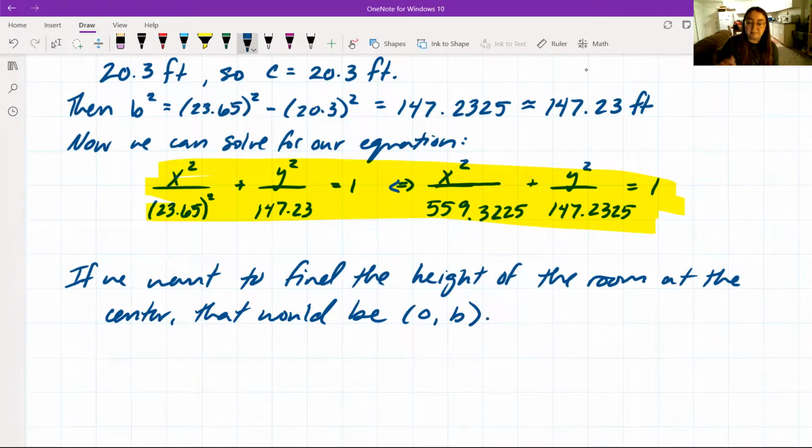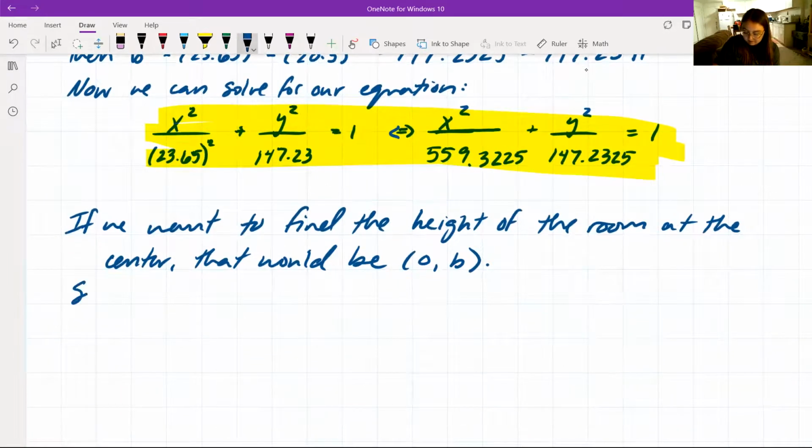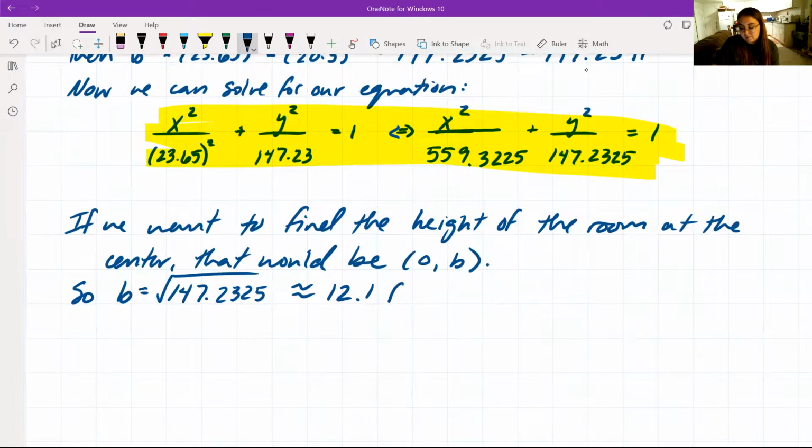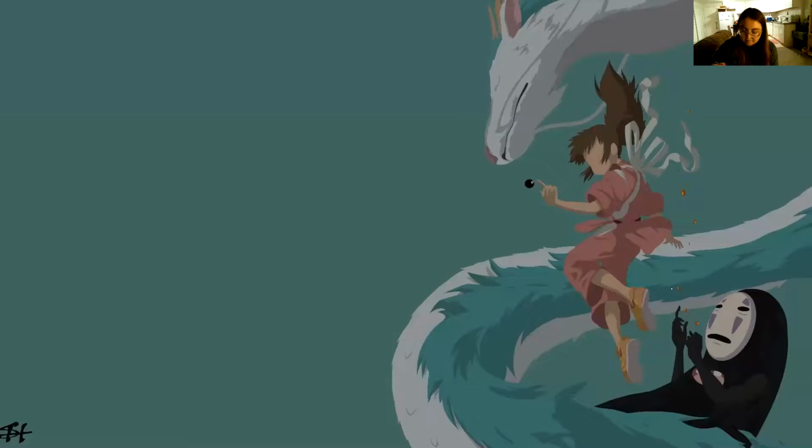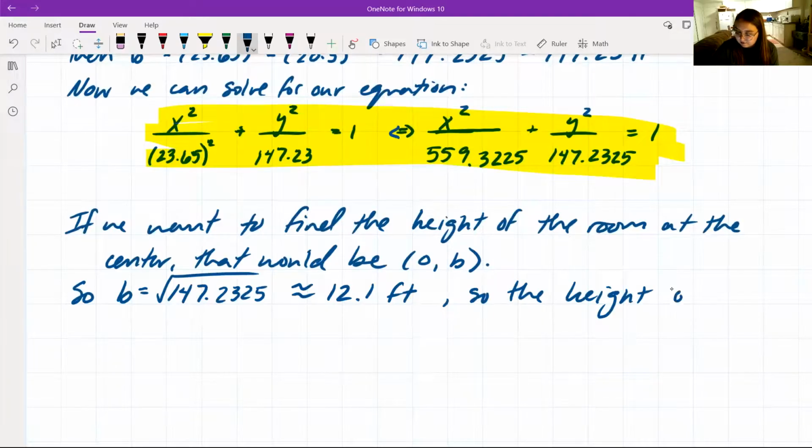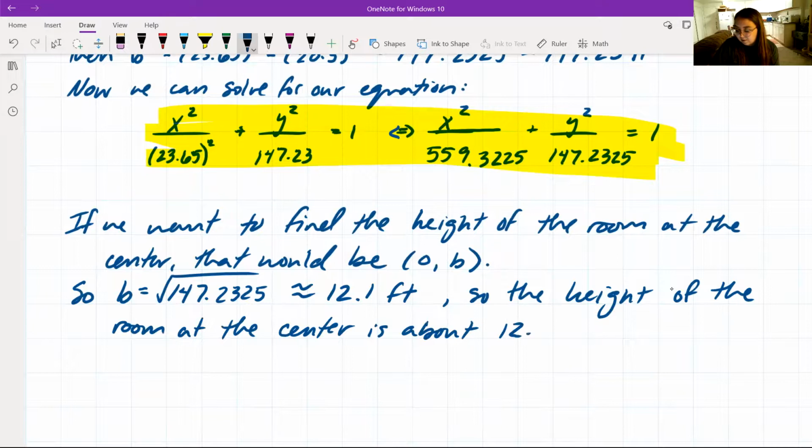We're only considering 0, b. So b is equal to the square root of 147.2325, which when we plug this into a calculator comes out to about 12.1 feet. So the height of the room at the center is about 12.1 feet.